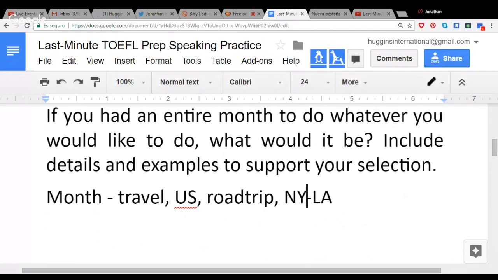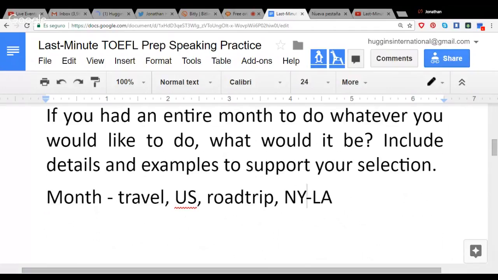So, here is 45 seconds on the clock. If I had an entire month to do whatever I'd like to do, I would travel around the US. And I think it would be a great opportunity to do a road trip from New York to Los Angeles. There are many states that I have not yet been to, and I think it would be a great opportunity to visit family and friends who could show me around a couple of places.